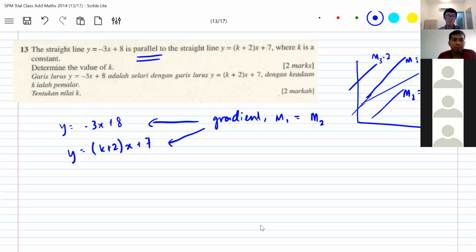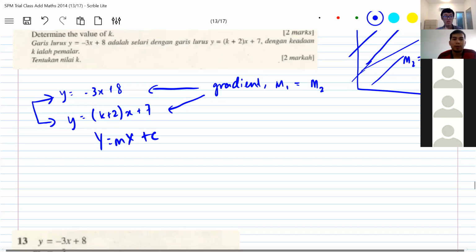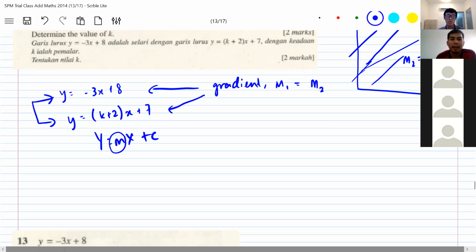In this form, it is easy to spot the gradients, right? Because they are in the form of y equals to mx plus c. Right? So m is the number that's hugging x, the one that's literally next to x. So in the first equation, that is minus 3. And the second equation, the number that's hugging x is k plus 2.